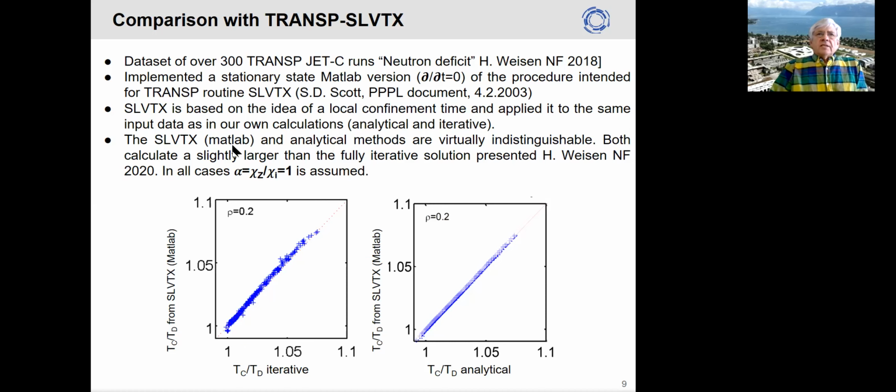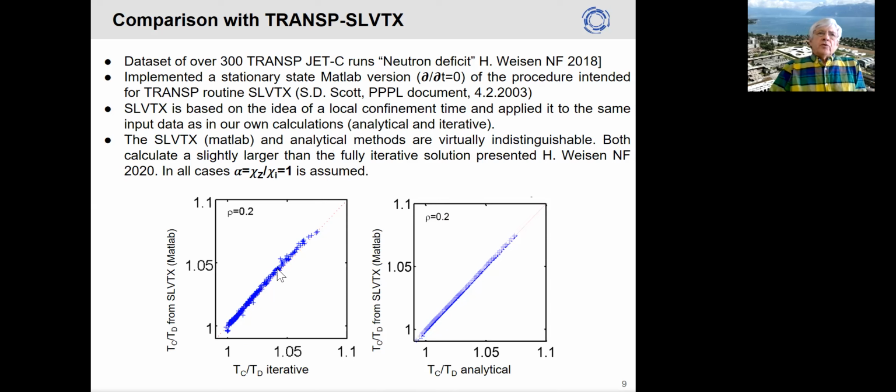Now what we find is that the analytical method and the SLVTX MATLAB method are virtually indistinguishable. Both of these have a slightly larger ratio of impurity to main temperatures than the iterative, which is the most accurate method.